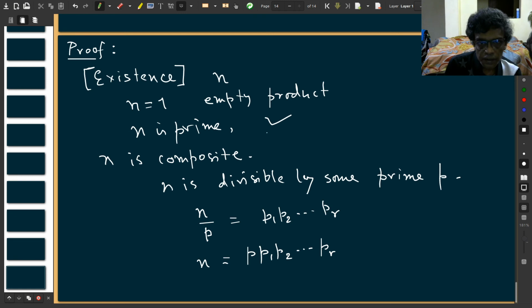In any case, this inductive proof says that any positive integer can be written as a product of primes.